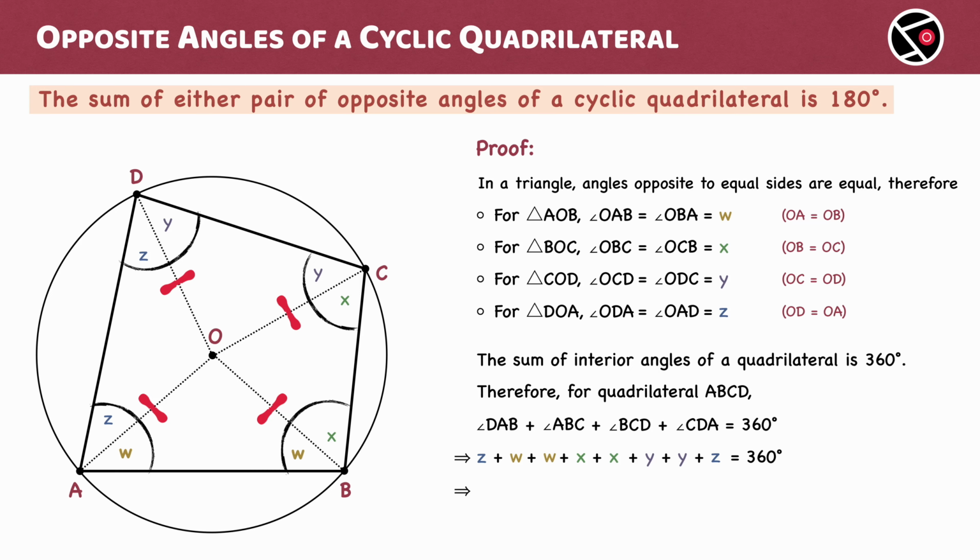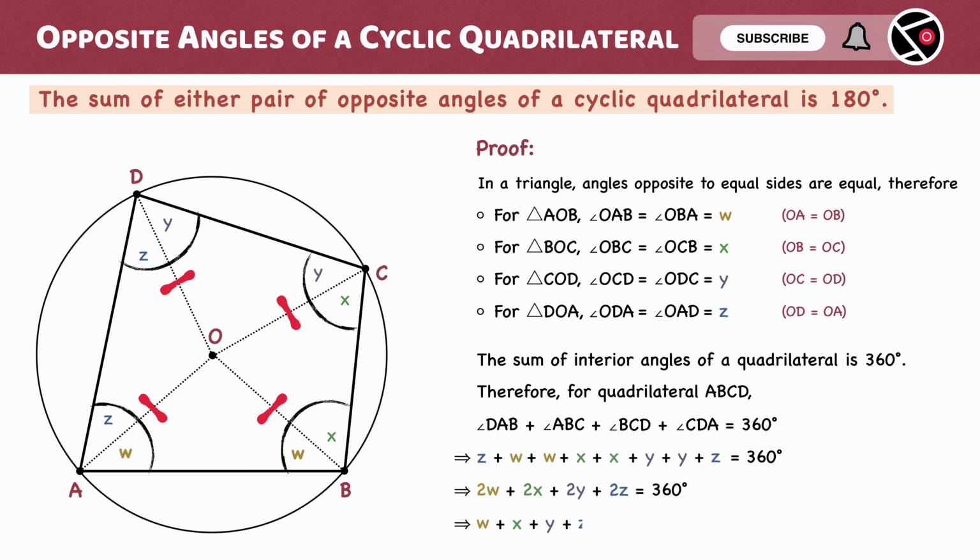We have 2W plus 2X plus 2Y plus 2Z equals 360 degrees. Dividing both sides by 2, we get W plus X plus Y plus Z equals 180 degrees.